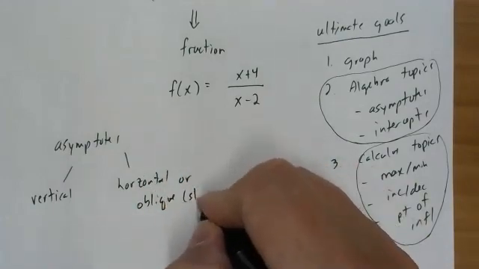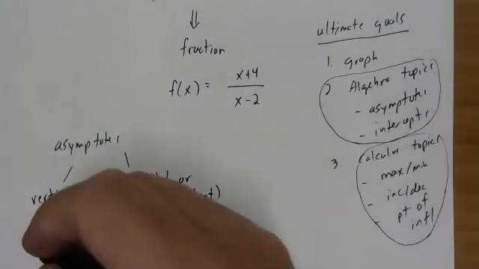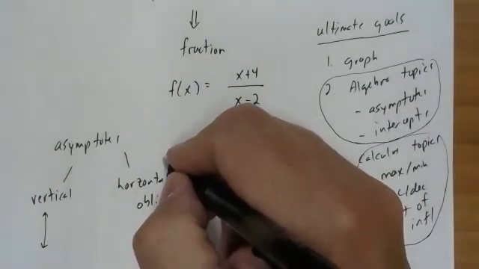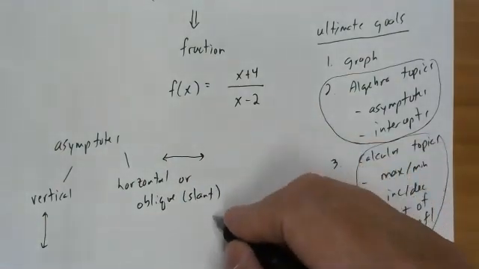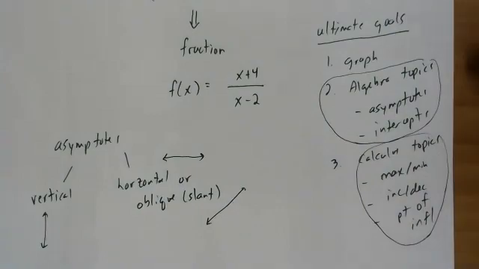Sometimes people call them slant asymptotes. Obviously, a vertical asymptote means up and down, horizontal, left and right. Oblique or slant means it's a straight line, but it's at an angle.